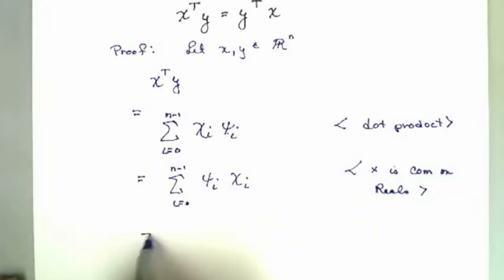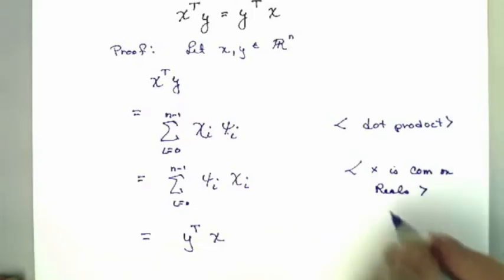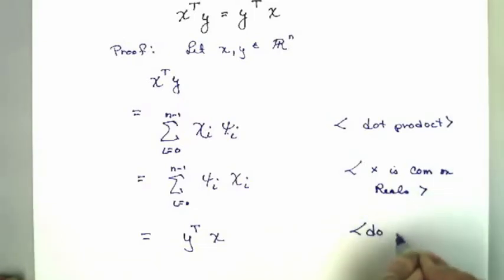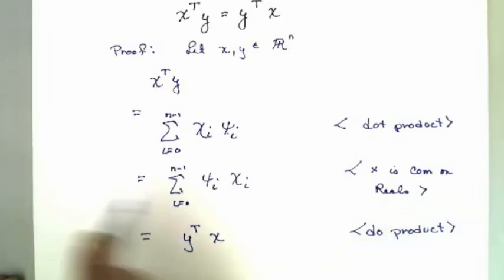But this, by definition, is just the dot product of y with x. So clearly, dot product is commutative.